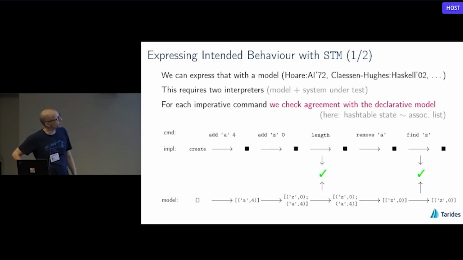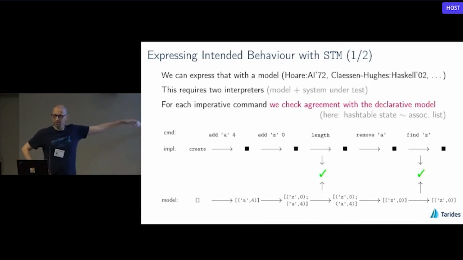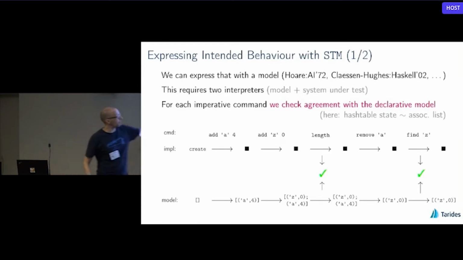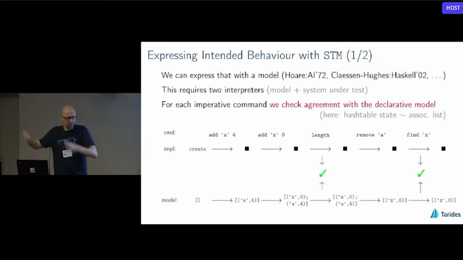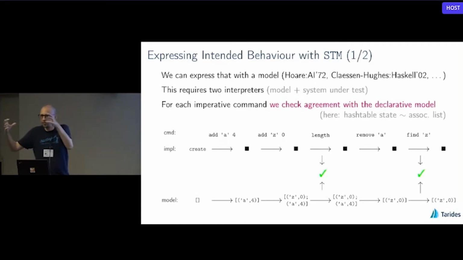And how do we model the internal state of a hash table? Well, I don't have time for a lot of thinking here, so let's use an association list. So the empty association list here models the empty hash table. When we add an element to the imperative hash table, something changes inside the black box, and we'll express how the model develops.